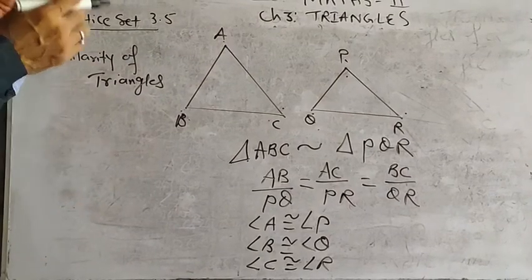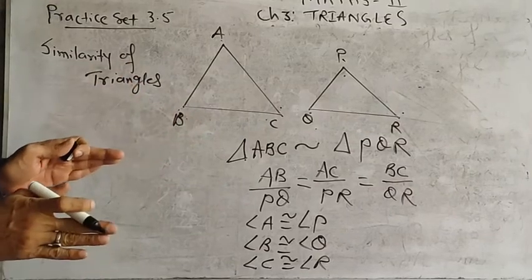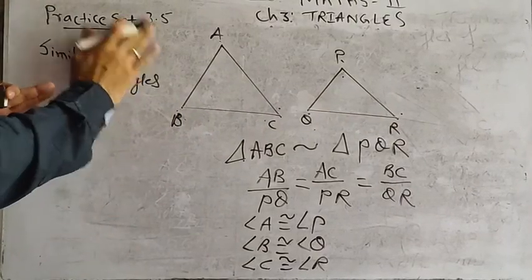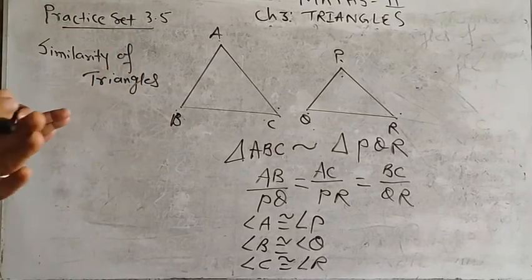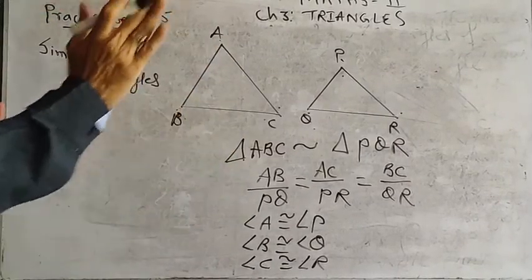So you have to keep this in mind. This concept you have to keep in mind for exercise 3.5. If you want to study 3.5, you should know this concept.